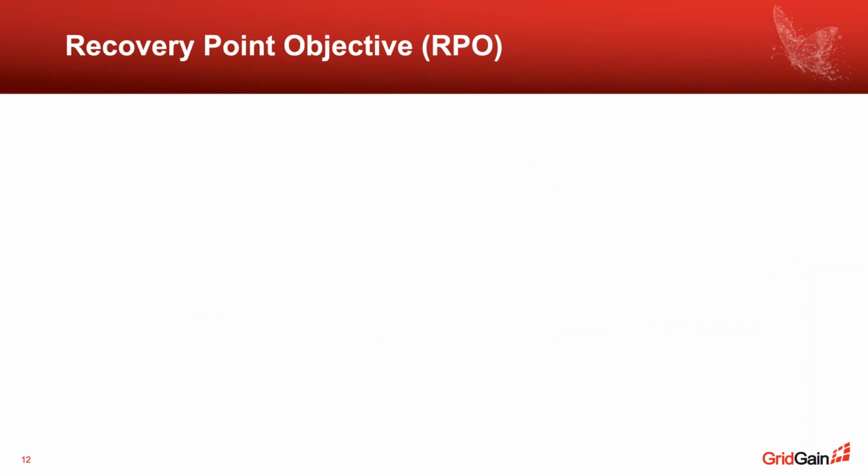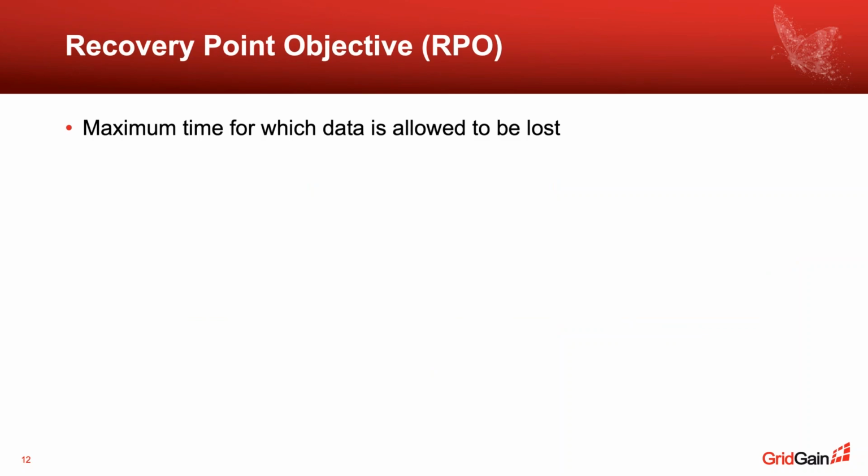First, recovery point objective. Recovery point objective is the maximum amount of time for which the data can be lost. And I want to stress that this is not just a parameter of your own plan, but most often this is an external requirement for your system and for your disaster recovery plan.